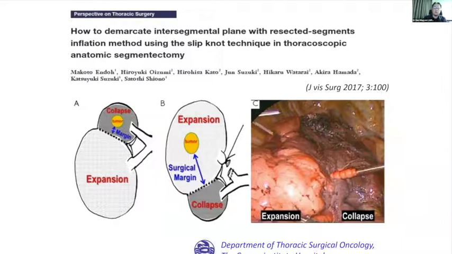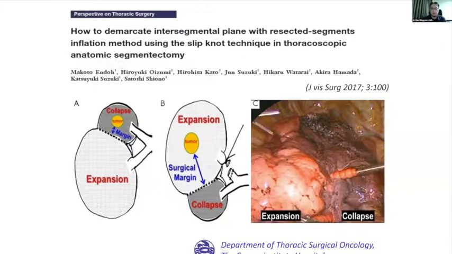This was reported by Dr. Oizumi from Yamagata University in Japan. He used a slip knot to close the segmental bronchus. After totally inflating, he clamped the target segment using a slip knot, and then the lung is deflated.